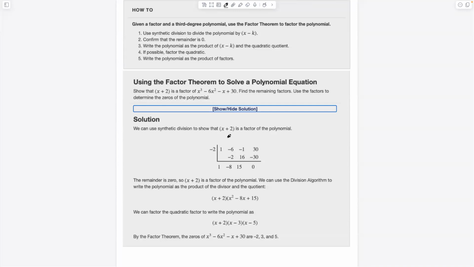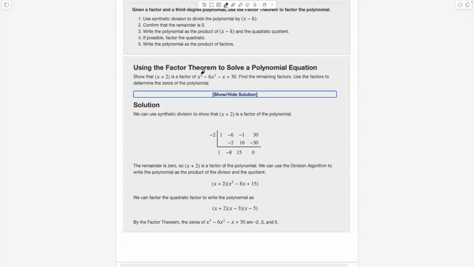I know what we will get if we divide this polynomial by x plus 2. This will be our quotient. And remember, we started with third degree, so this will be a second degree polynomial. That's the remainder there. I like to box him off.